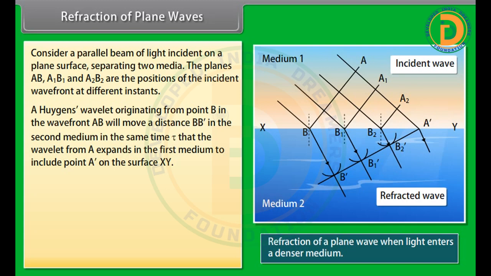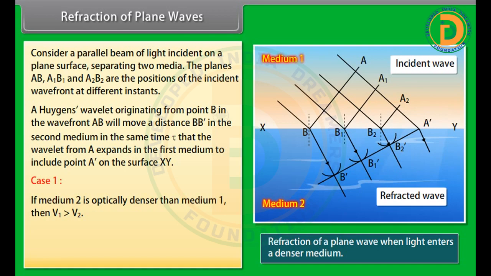surface XY. Since the two wavelets have radii AA' and BB' are not in the same medium, they move with different speeds, say V1 and V2 respectively. Case 1. If medium 2 is optically denser than medium 1, then V1 is greater than V2 and hence AA' is greater than BB'.